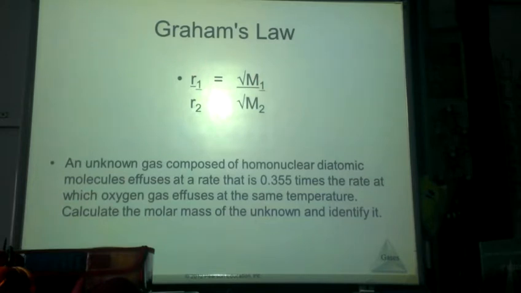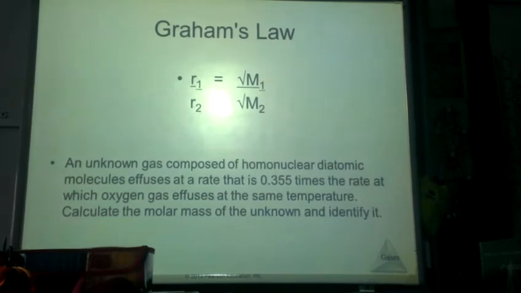My effusion rate of one gas in comparison to another is going to be equal to the square root of the molar mass of the second one divided by the square root of the molar mass of the first one. So they're inverse there. It should be 1 over 2 here and then 2 over 1 on that side.